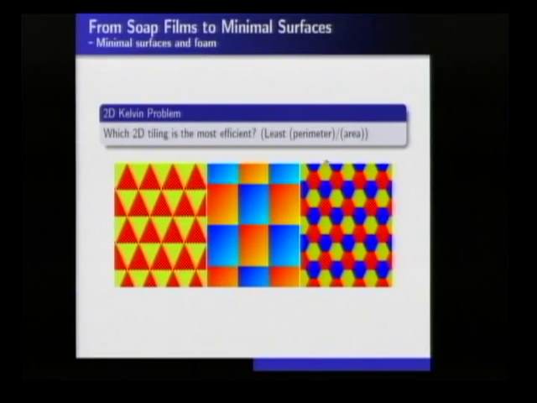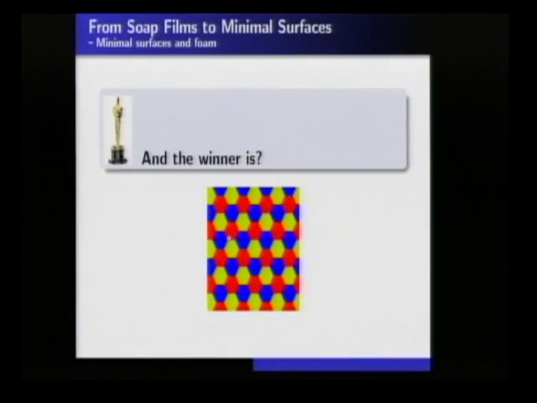Which one's the best? Which one has the least perimeter per area? You fix the area of these pieces, and the answer, I guess most people already know, is the hexagon pattern. It solves this sort of isoperimetric type problem in the plane. Very neat, very nice solution.